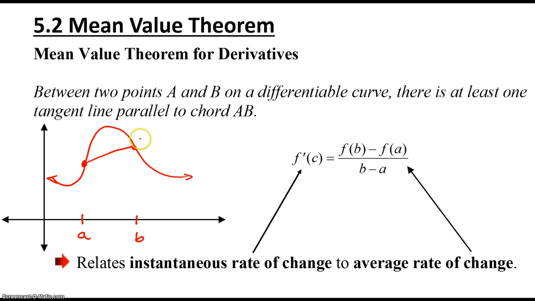So this point right here would be B, f of B. This point over here would be A, f of A.